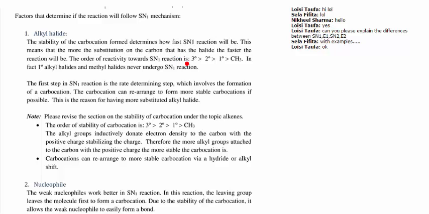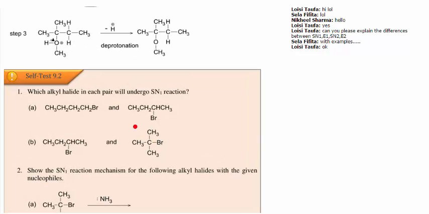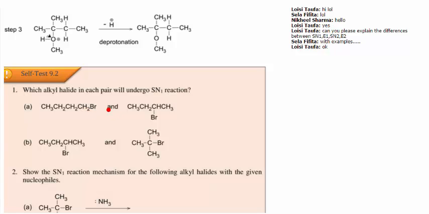Primary and methyl halides do not undergo SN1 reaction; methyl halides never undergo SN1. So first you have to determine whether the molecule is a primary, secondary or tertiary alkyl halide. Since the halogen is attached to a carbon which is attached to two hydrogens, it's a primary alkyl halide.